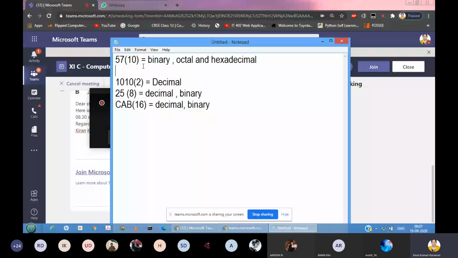Okay, now let me explain. See, 57. Binary equivalent: 57 is below 64, so we need the 32's place, then 16's, 8's, 4's, 2's and 1's place, isn't it, children?